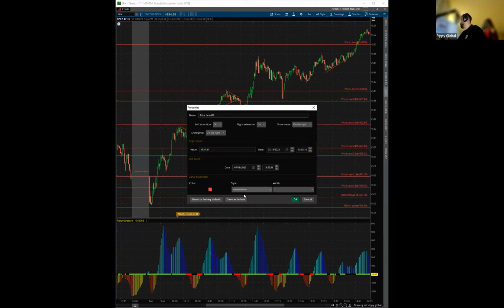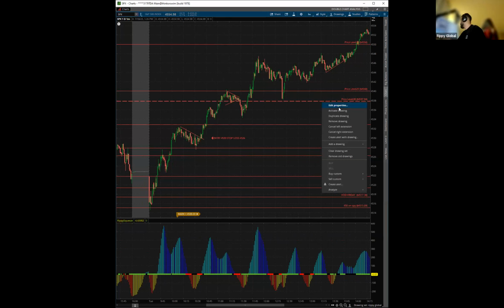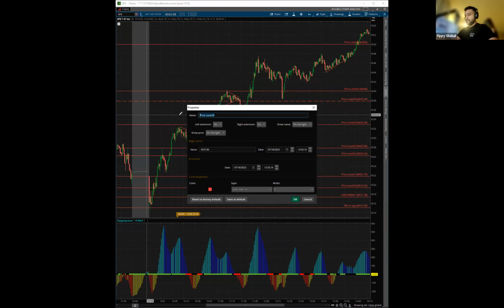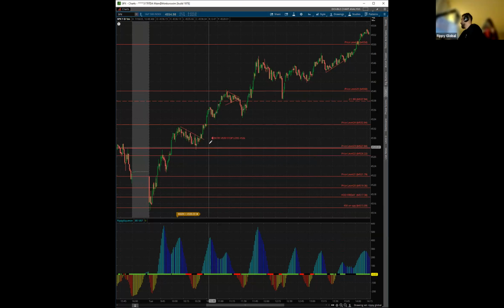For some reason, I can't use the pen here, so you gotta bear with me. I don't know why. So 2-to-1 RR. If my entry is at 45.30, my risk is $4. This is the risk. $4 risk.